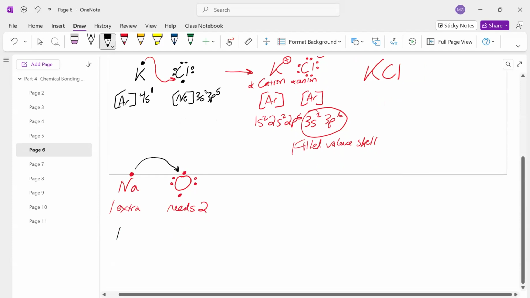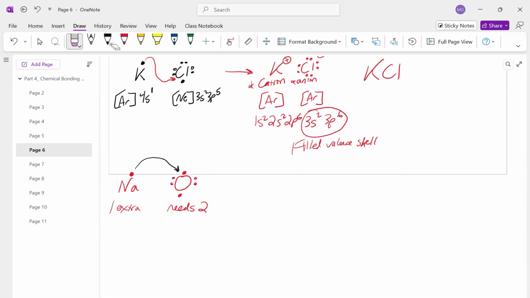So in order to have that filled valence shell, a second sodium is going to come along and give another electron to oxygen. So this results in forming 2 sodium cations and 1 oxygen anion.